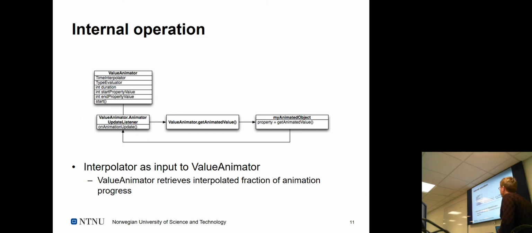You have an iterative cycle in which you can actually listen to updates in your particular object, or you can actually drive the changes based on the value animator. So the value animator just retrieves the interpolation, the current value of where your progression actually is, right?